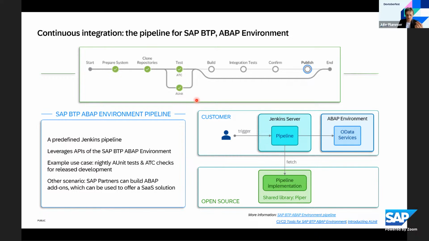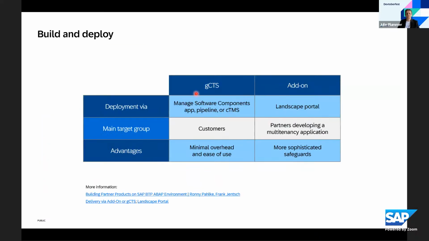At some point, you're going to want to build and deploy. And for that, we have 2 options. Mainly for customers, we offer GCTS as a kind of adumbrated managed software components with the pipeline that I showed, and with transport management.